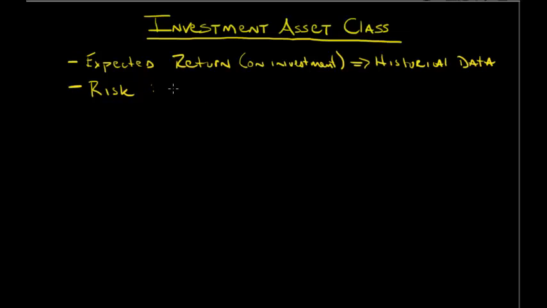And one way that we look at risk is, what kind of deviation will we experience over time with this particular investment? Let me draw a picture here just to show what I mean.